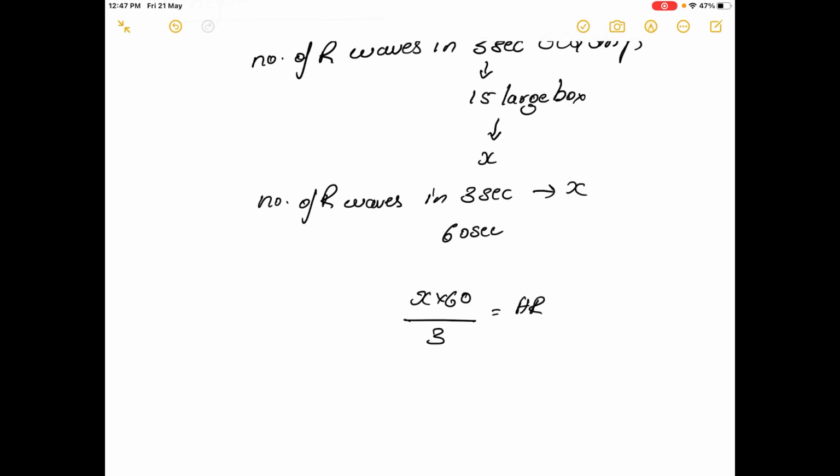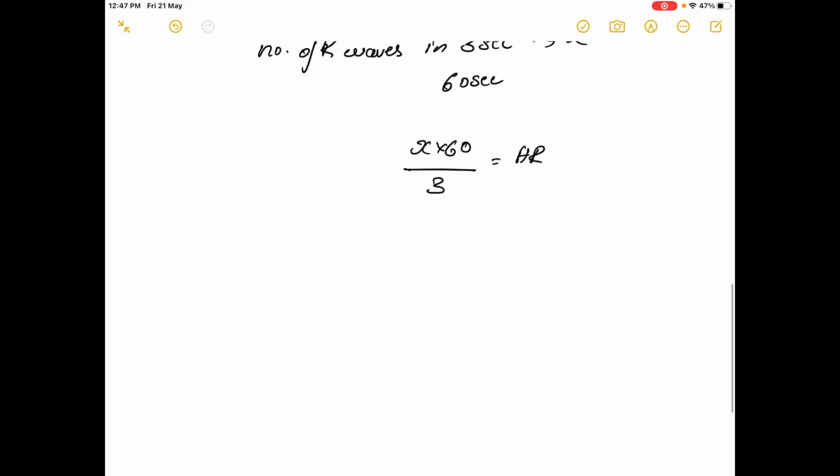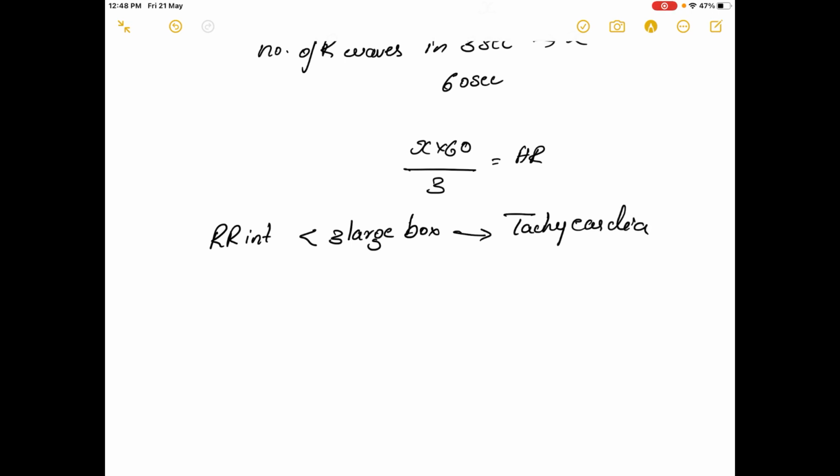In general, we look at the RR interval. If it is less than 3 large boxes, it is taken as tachycardia, and if it is more than 5 large boxes, we take it as bradycardia.